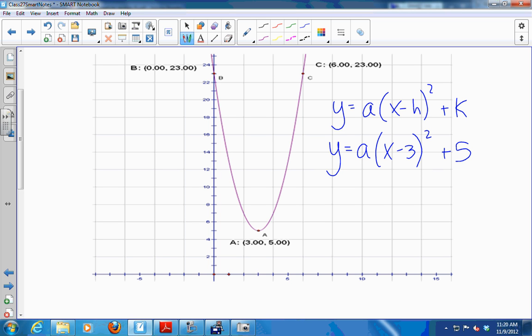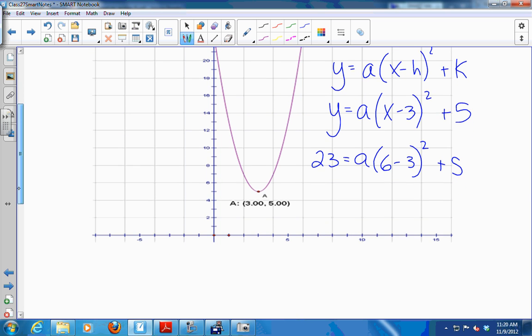So to figure out what a is, I take either of my 2 points, doesn't matter which one, plug in the x coordinate for x and the y coordinate for y, and that will leave me with an equation where a is the only thing I don't know, and I can solve for a. So let's see, if I plug in 23 for y and 6 for x, so I'm plugging in this point here.